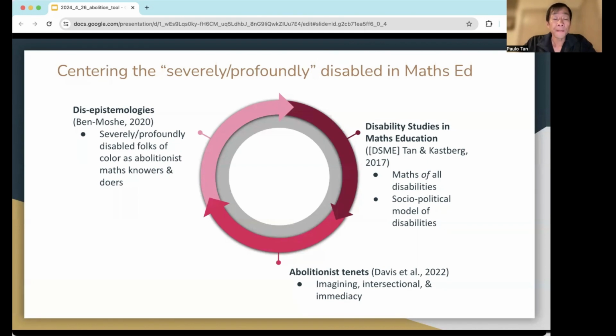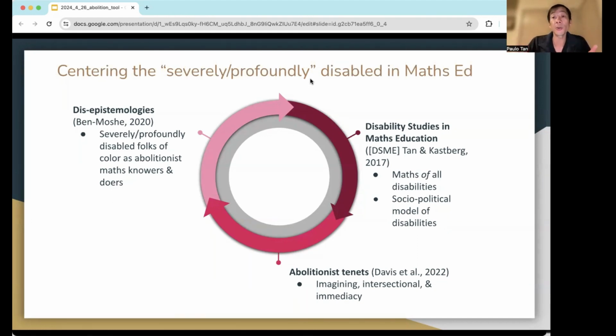Okay, the other ideas here are the abolitionist tenets of intersectionality, and I talked a little bit about disabled students, or disabled students of color, as something we have to take seriously in this work, and immediacy. This immediacy component of abolition is that we have to take care of this now. And the unit planning math tool, I think, is a way of doing that.